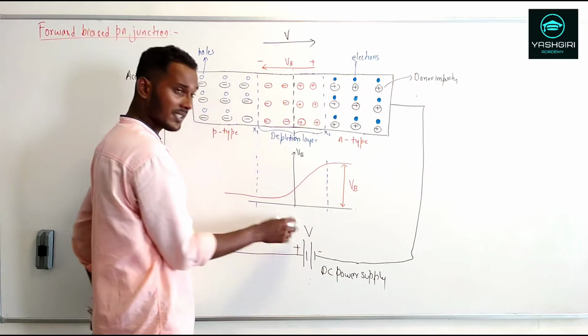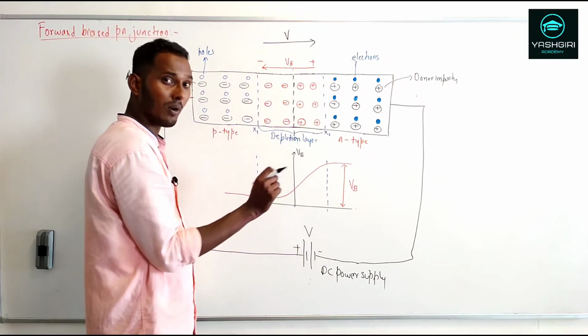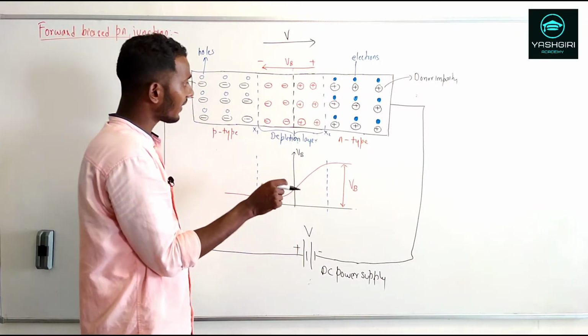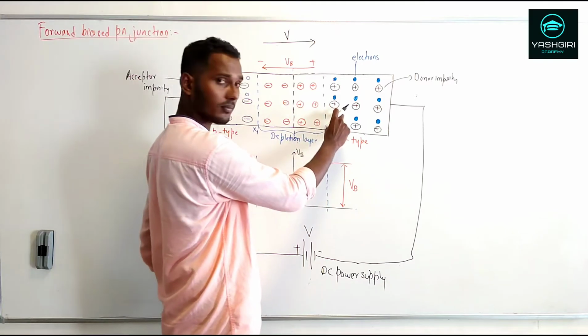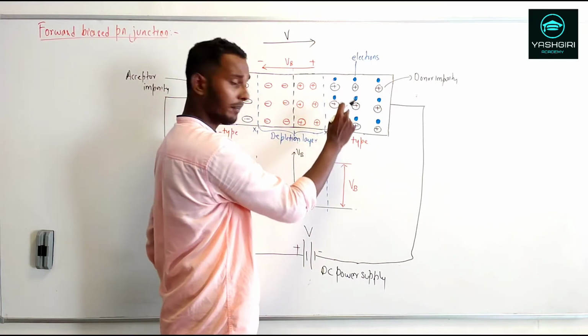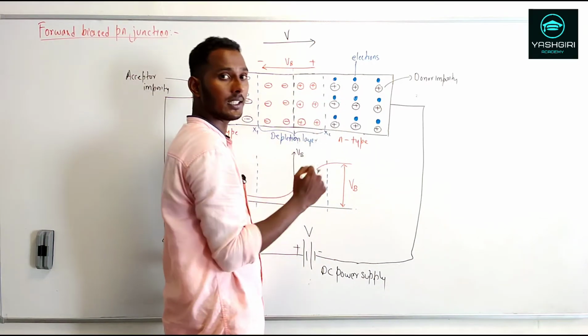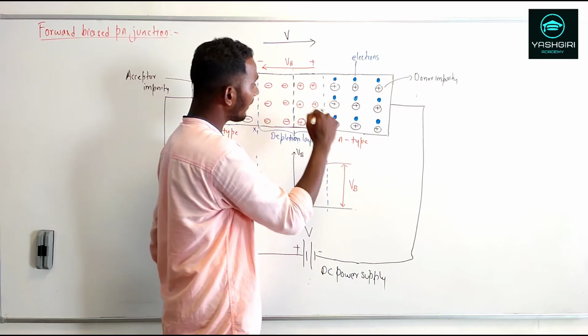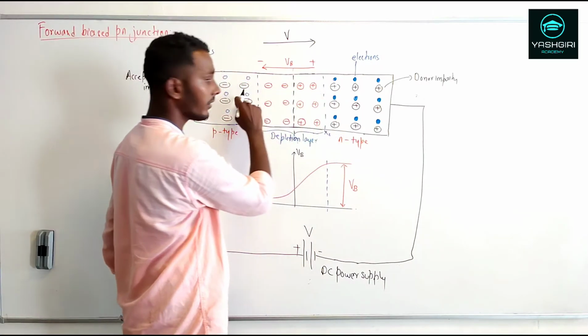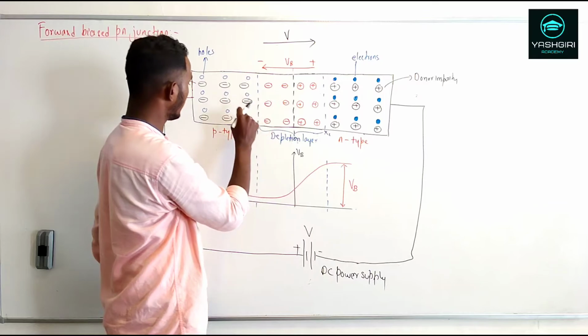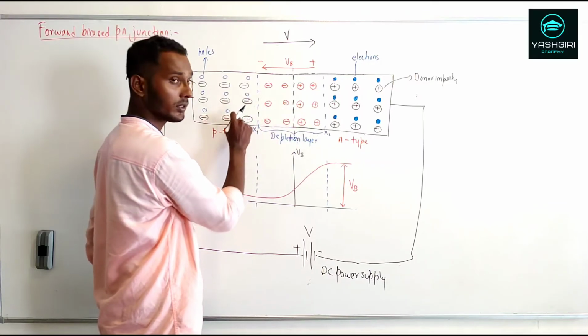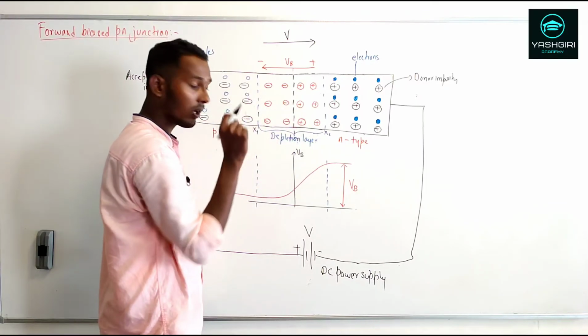Now as you increase this potential by a very small value, the electrons in the n-type which are in the uppermost energy level will have enough energy to overcome this barrier, cross the junction and go into the p-type, in a very small number.